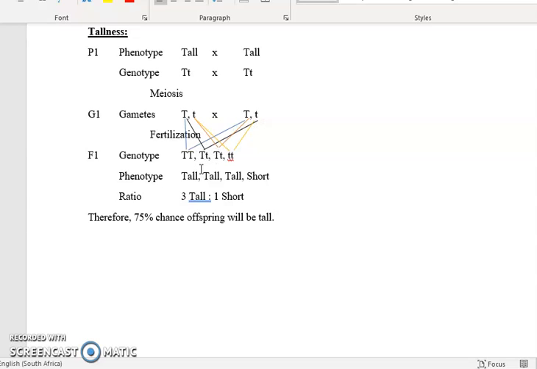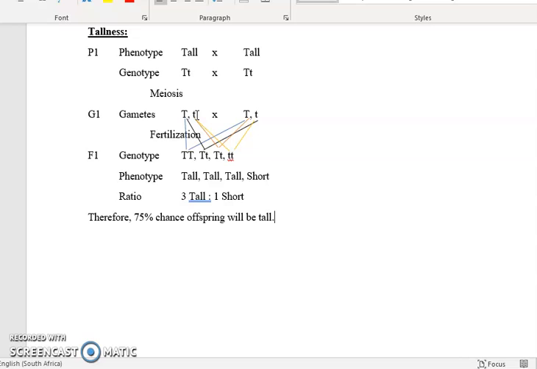That results in capital T, little t being our genotype. So we've already done allele 1 of our parent 1 with both alleles from our parent 2. So we move to allele 2 of our parent 1 and we follow our red line. We're taking little t and capital T from here. So we end up having capital T, little t as our other genotype.